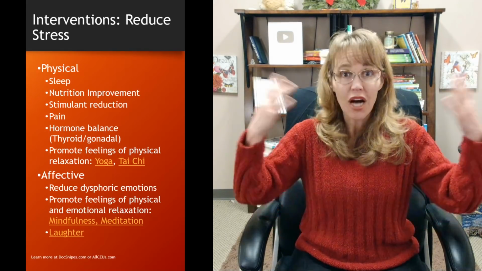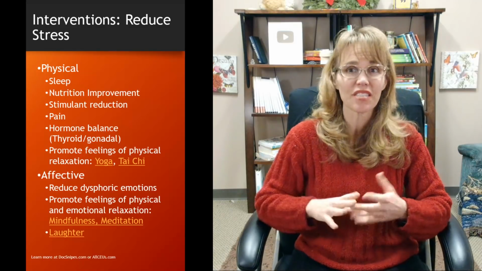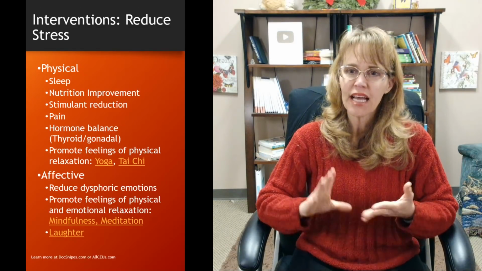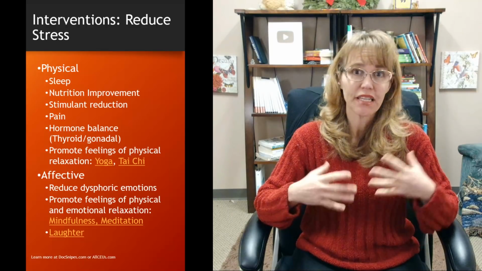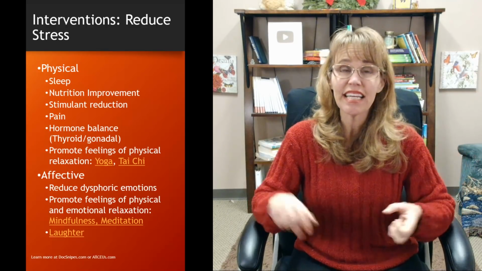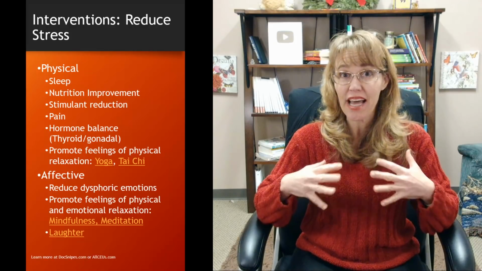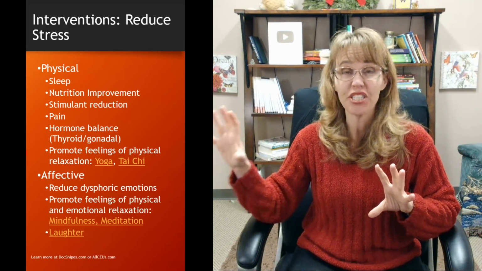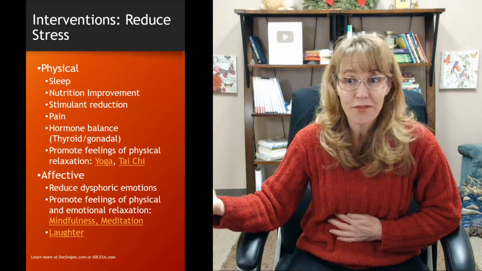Water helps flush out the toxins, helps get some of those free radicals out of the system. Stimulant reduction is also important, whether it is caffeine or nicotine. Any stimulant that you're taking is triggering that HPA axis and impacting the HPG axis and impacting your gonadal hormone levels.